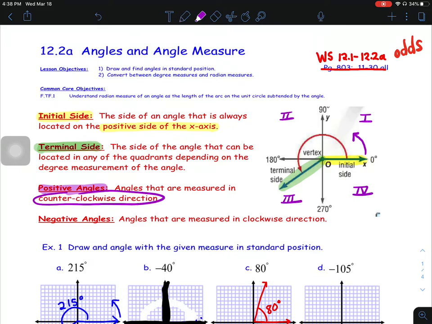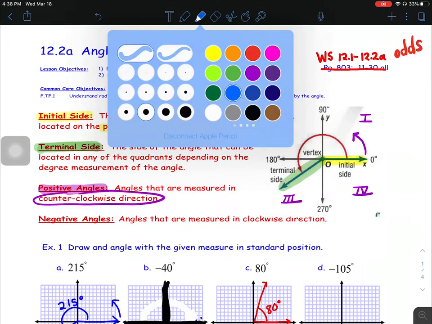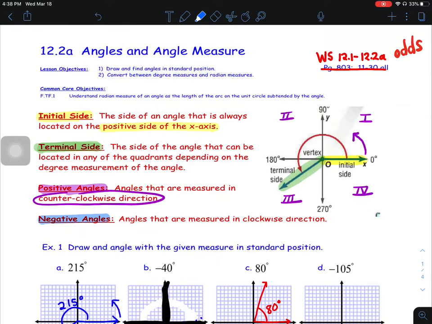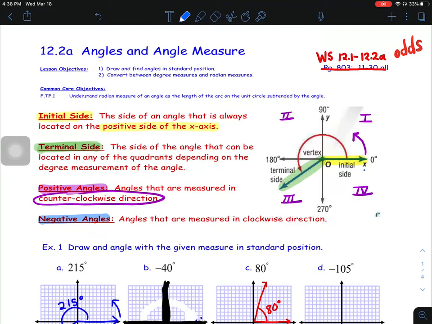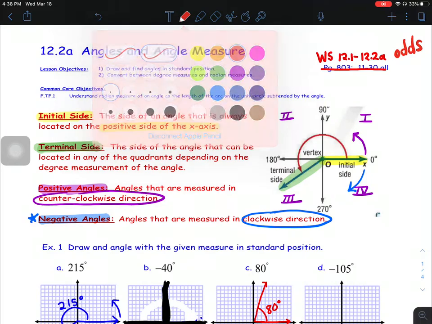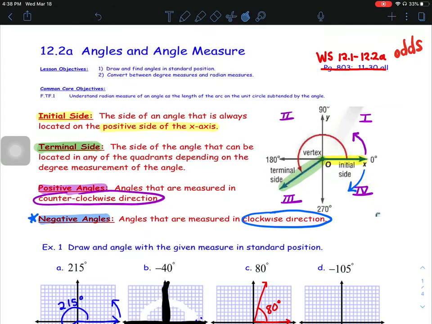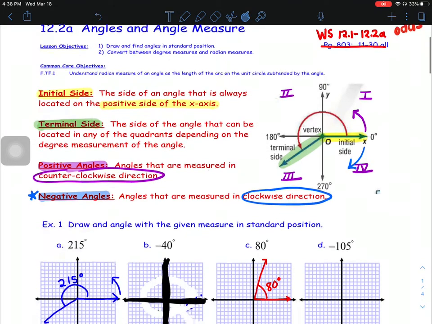If the angle is a negative angle, then we start at the initial side, but instead of moving counterclockwise, we move in the clockwise direction. So the fact that it says negative is really about what direction you're moving. You always want to keep in mind that each of the quadrants holds 90 degrees. That's going to be really helpful. We know there's 360 degrees in a full circle.